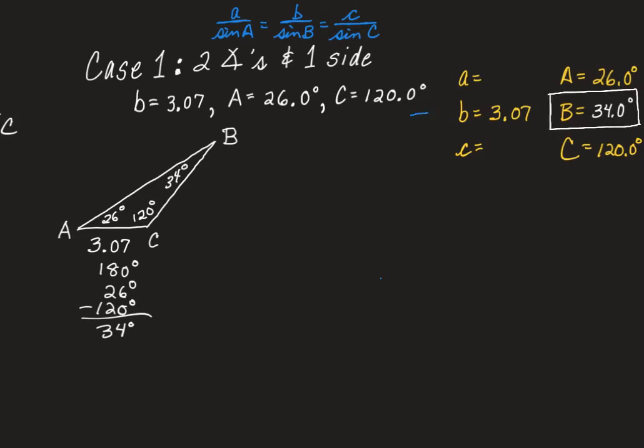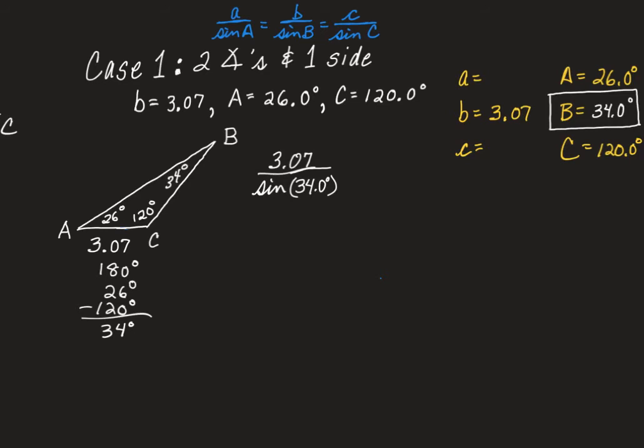Now that we have a pair, because that's the side opposite this angle, we can form a ratio of the length of side B over the sine of angle B. And now you can choose to solve for either side.